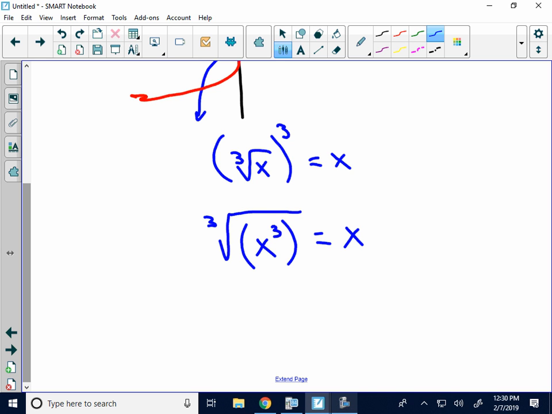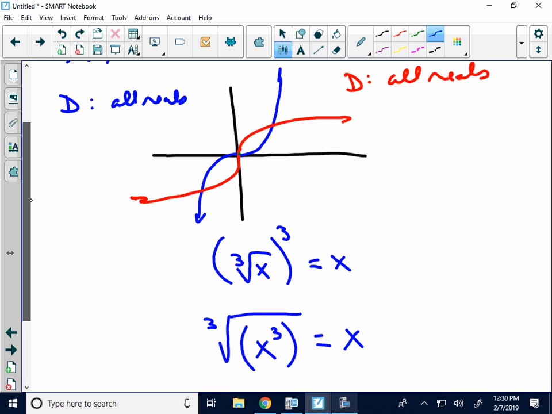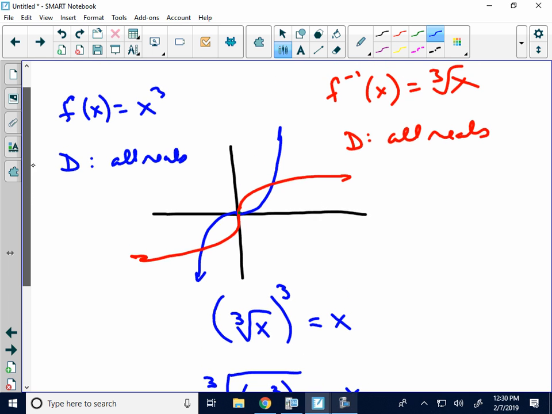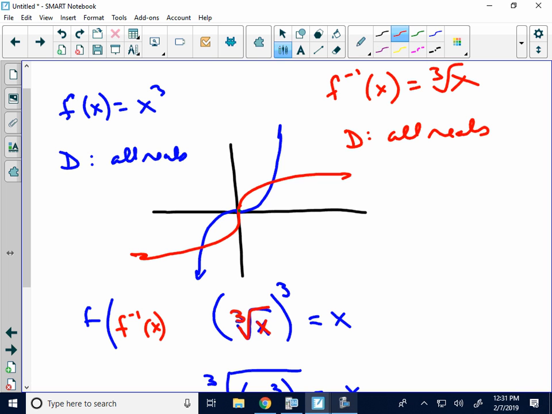If I'm using my f and f inverse notation, this first one, the inside function, this cube root function, was the one I did in red up there on the right. And then the outside function is the f function in blue. So this is saying f of f inverse of x will be equal to x all the time.